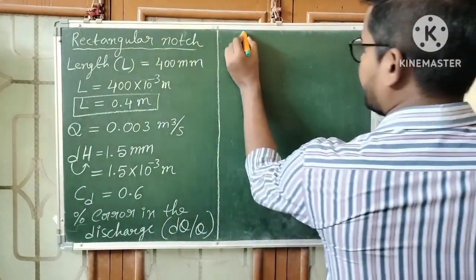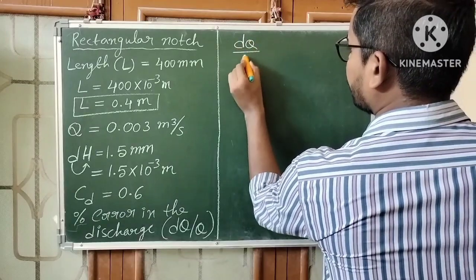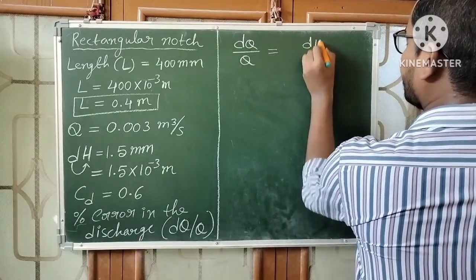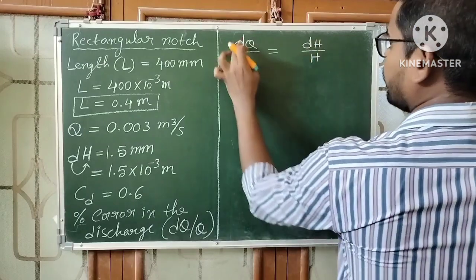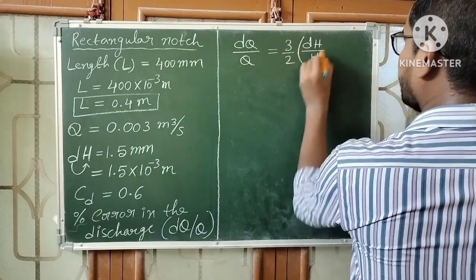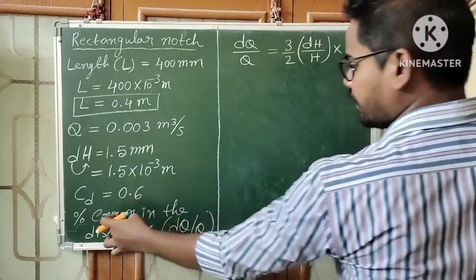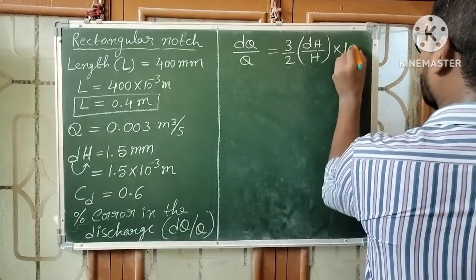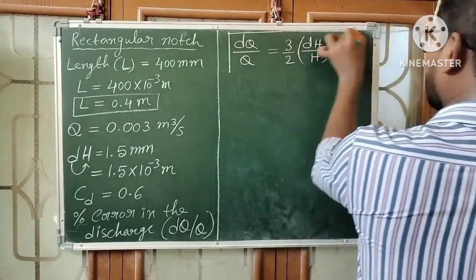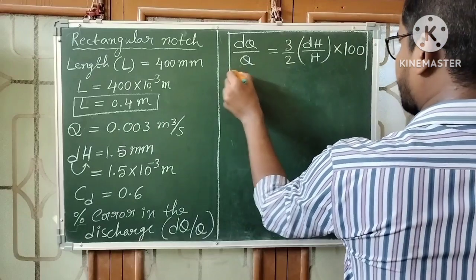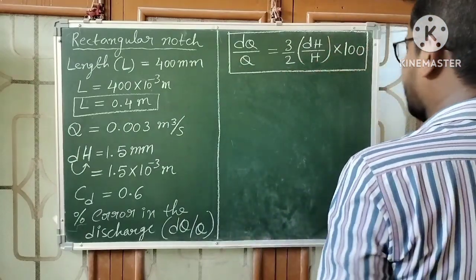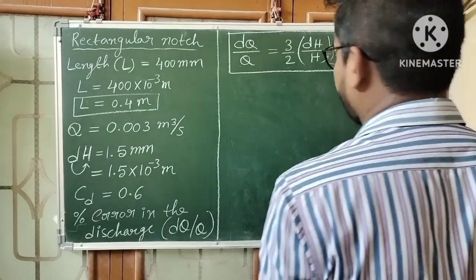In case of a rectangular notch, the relationship between error in discharge and error in head is given by dQ by Q is equal to 3 by 2 into dH by H, and we need percentage, so multiply with 100. This is the relationship between percentage of error in discharge and percentage of error in head.